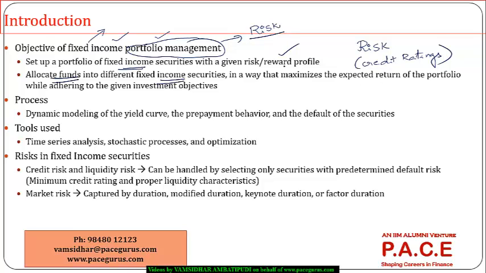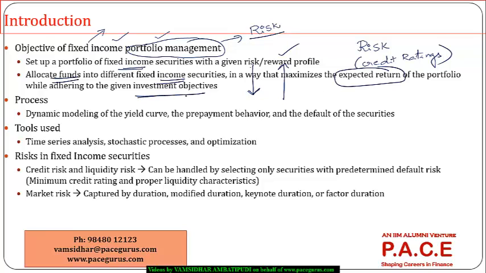Just like any other portfolio management objective, I want to maximize my return and minimize my risk. I want the allocation of funds to be such that the overall expected return is higher and the risk is as low as possible.